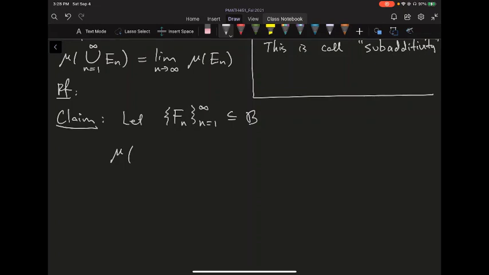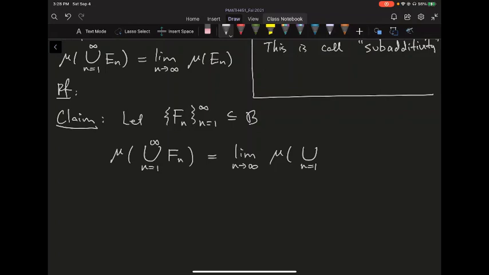But anyway, I want to claim the following. I want to claim that the measure of the union n going from 1 to infinity of these F_n, okay, so this is going to be the limit as k goes to infinity of the measure of the finite union.